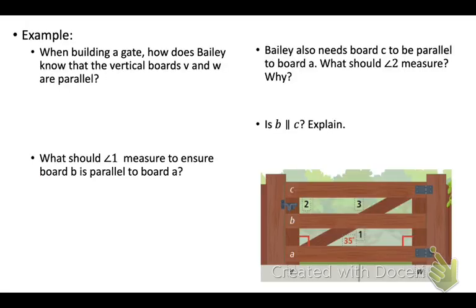So, when building a gate, how does Bailey, not Billy, know that the vertical boards V and W are parallel? We don't have a picture. Because he's smart. Okay, so you have to draw a picture. If you don't have a picture, you have to draw the picture. When I draw this picture, it is not going to look like this gate.